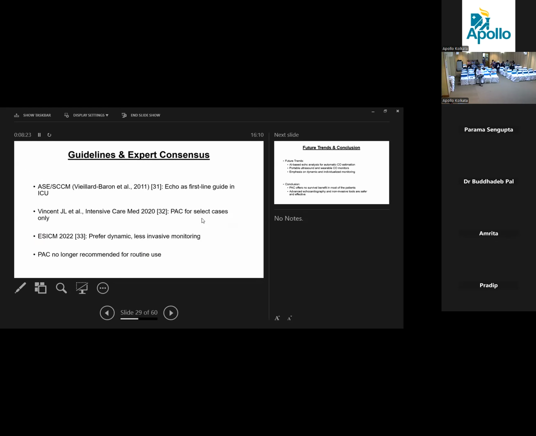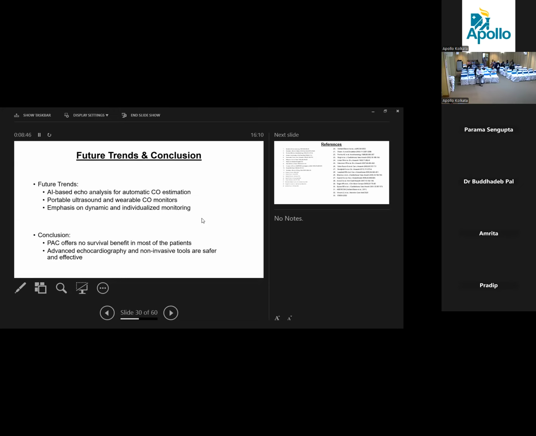There are various guidelines and expert consensus, including the American Society of Echocardiography, SCCM, and the European Society of Intensive Care Medicine, which all say that echo should be the first line guide in the ICU, with PAC for selected cases only, preferring dynamic and less invasive monitoring, and as per these studies, the PA catheter is not recommended for routine use.